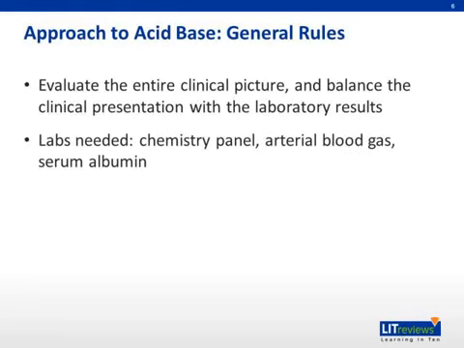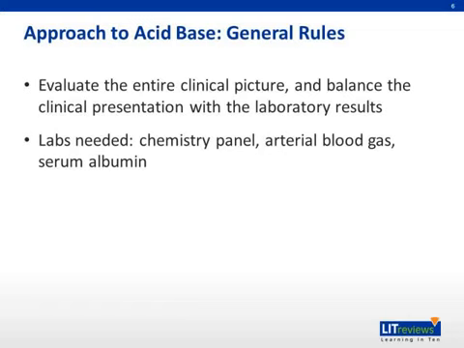The laboratory workup usually required for acid-base interpretation includes a chemistry panel, arterial blood gas, and sometimes, as we will see later, it is also important to obtain a serum albumin.